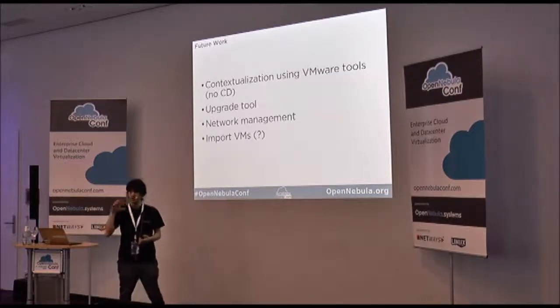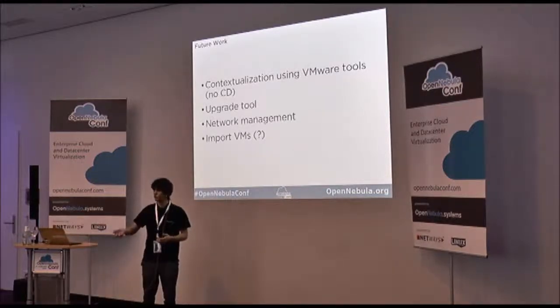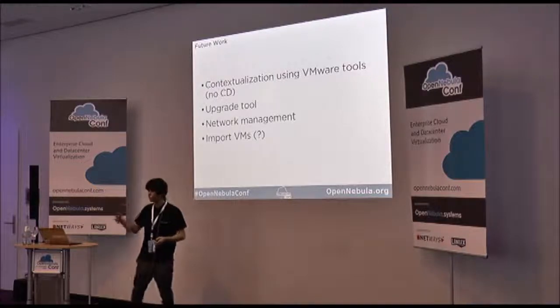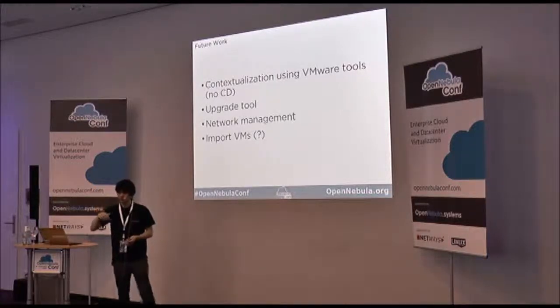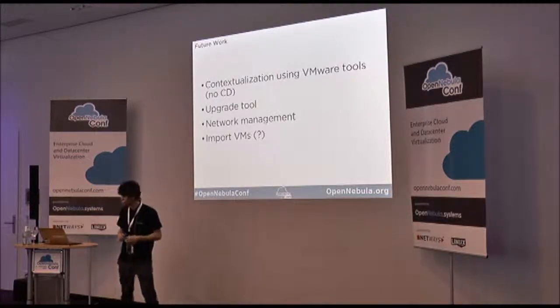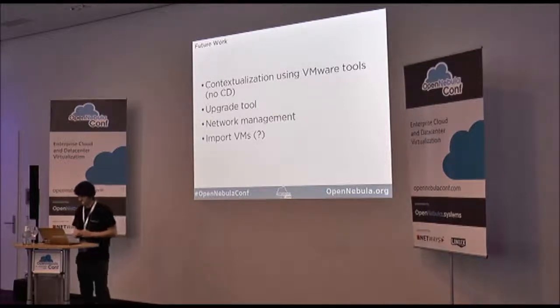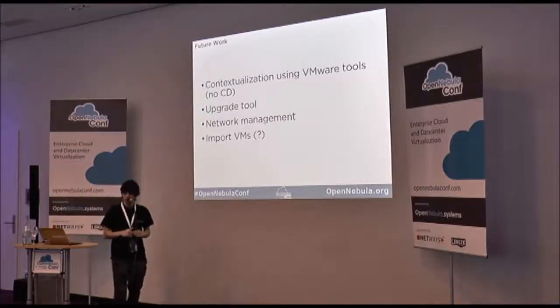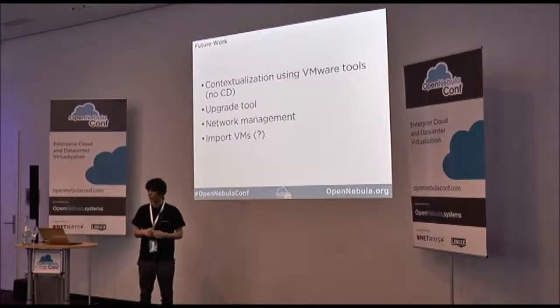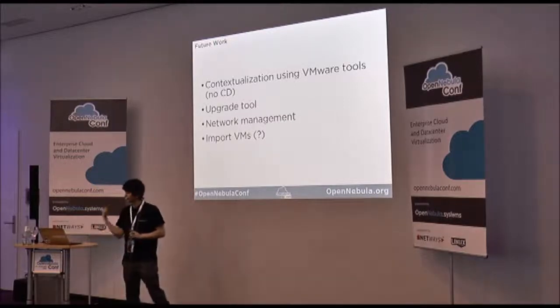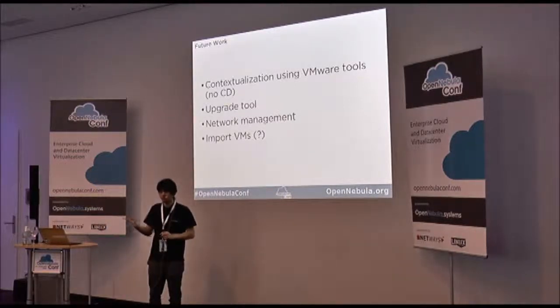So inside the virtual machine, you can get this information using the VMware tools command line. It's something like vmtoolsd, and it gets the information that we push to VMware. We are also modifying the contextualization packages, so in case it doesn't find the CD-ROM, it tries to find the VMware tools, and if it gets the VMware tools, it can get this information.